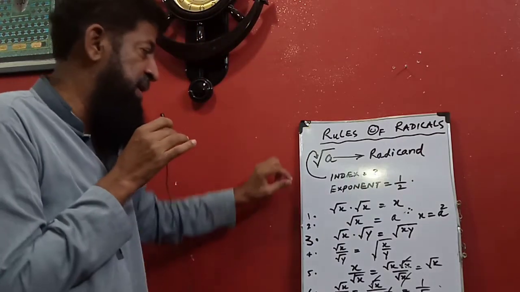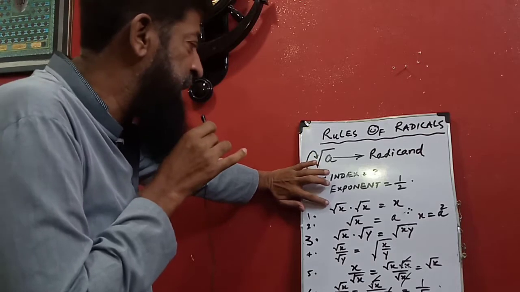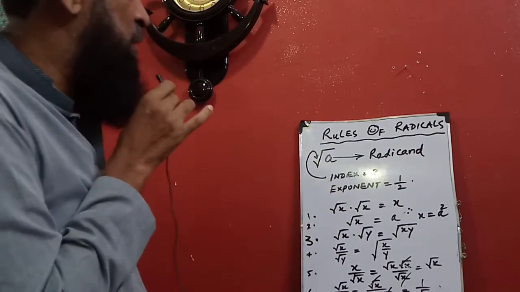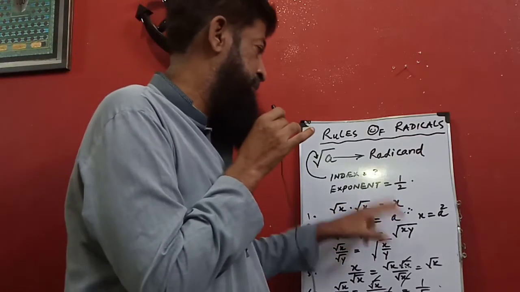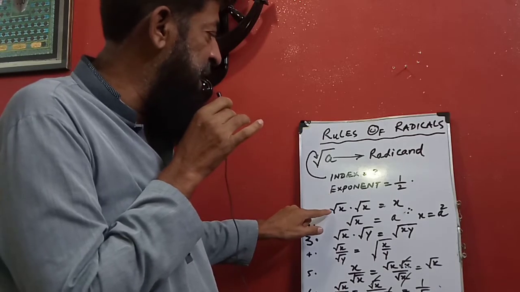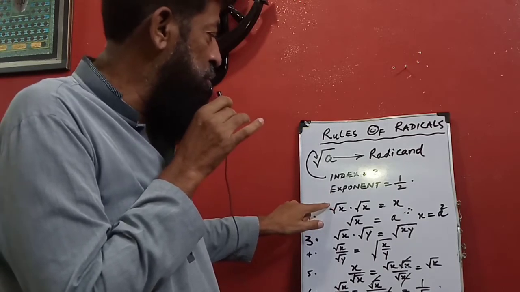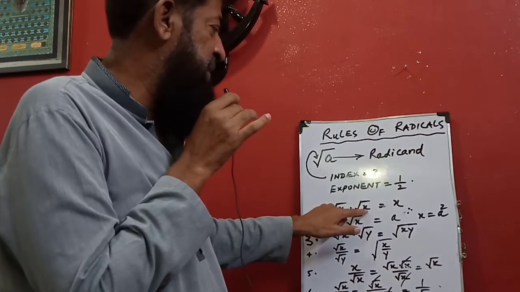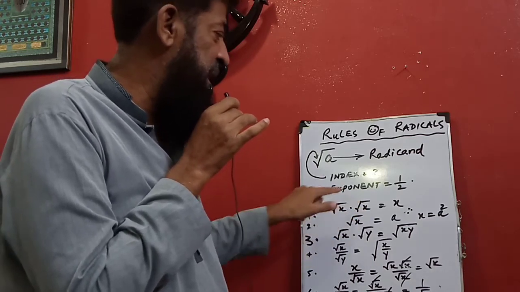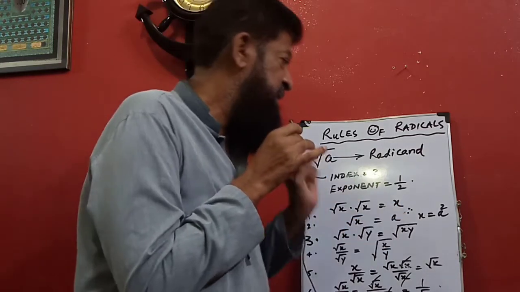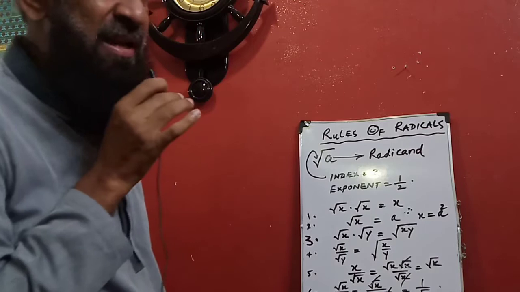Now, rule number 1, if two radicands having the same terms are multiplied, it is always equal to the term, because the exponent of the radicand is 1 upon 2 and another 1 upon 2. Both the bases are multiplied, powers are added, 1 upon 2 plus 1 upon 2 comes as 1, and that means x.